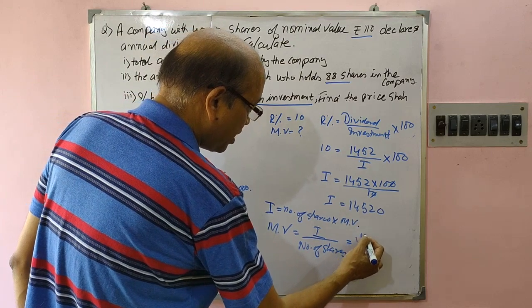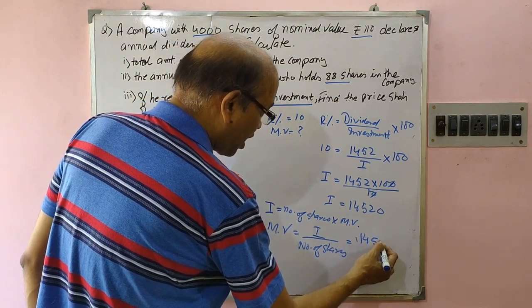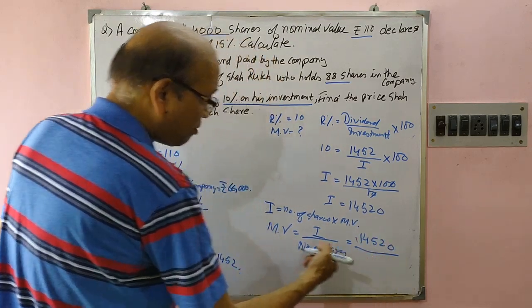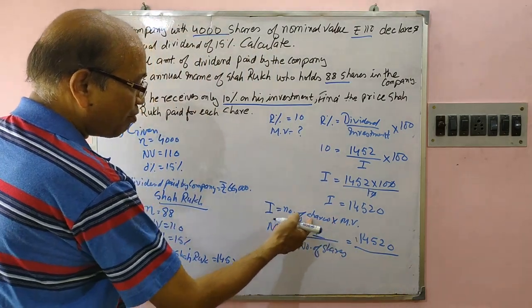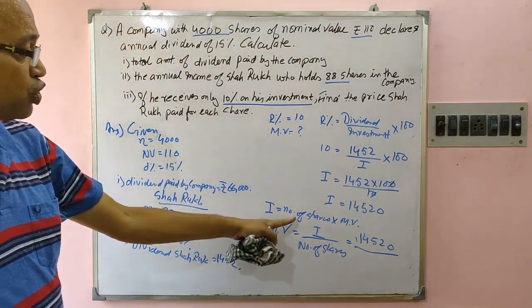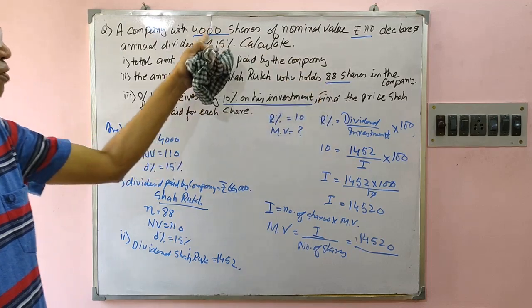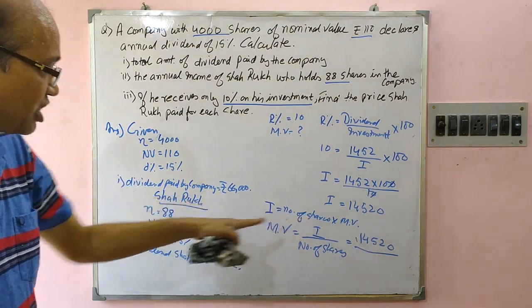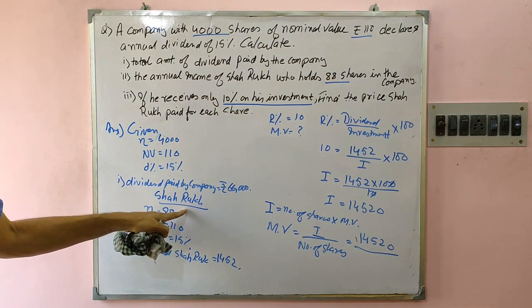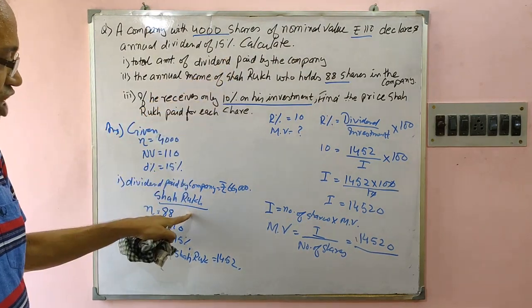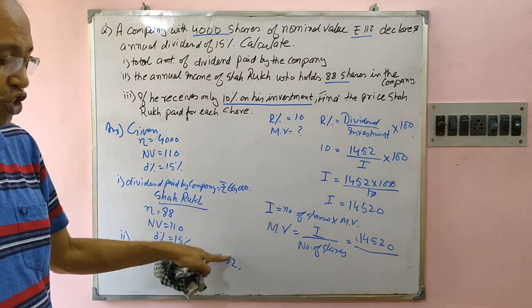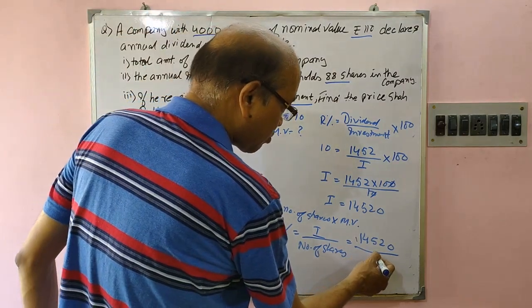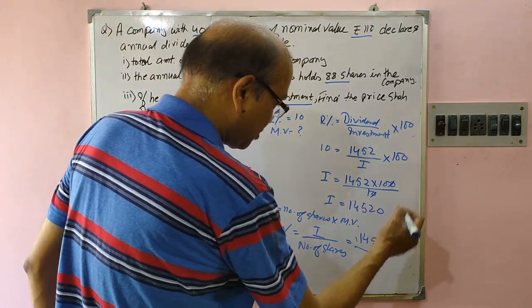So what was investment? 14520 by number of shares. Here number of shares will be what? 88 or 4000? It will be 88 because it is in the case of Shahrukh, not for the company. Shahrukh had 88 shares. So this is going to become 88.